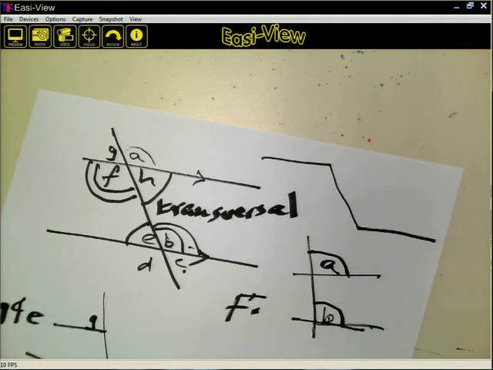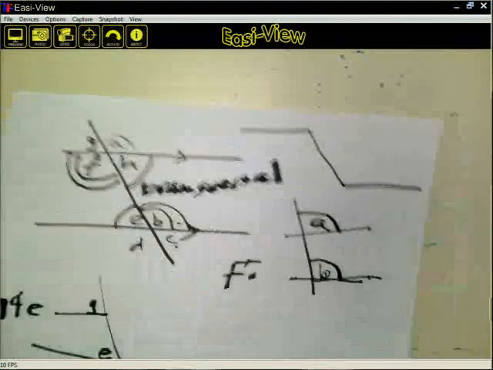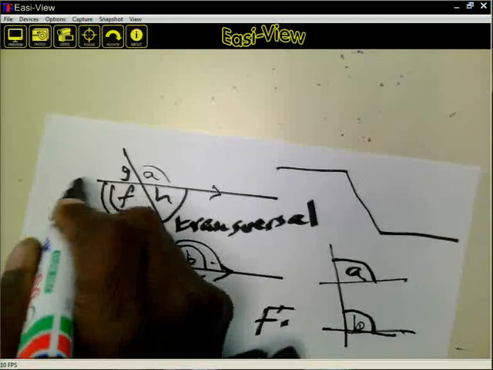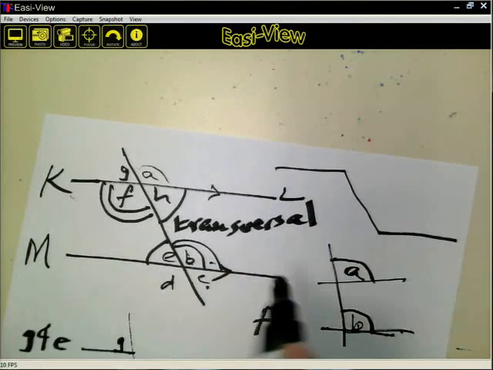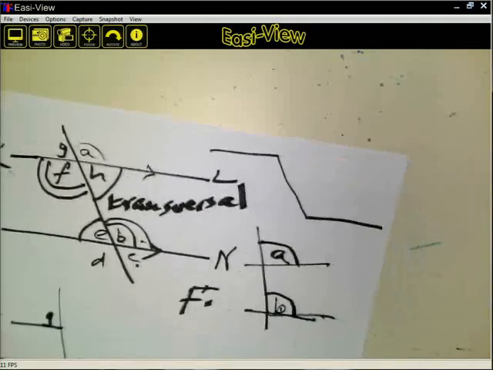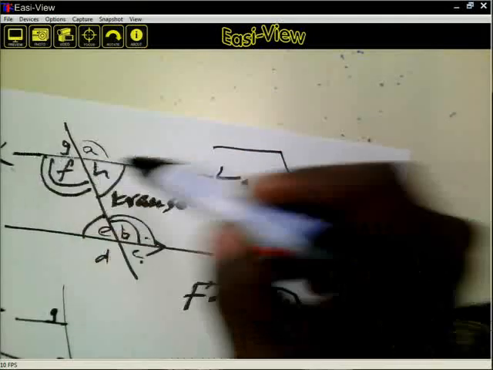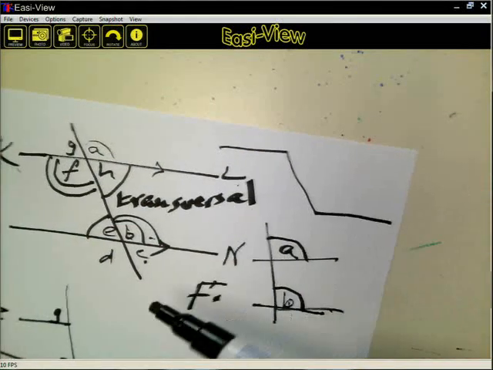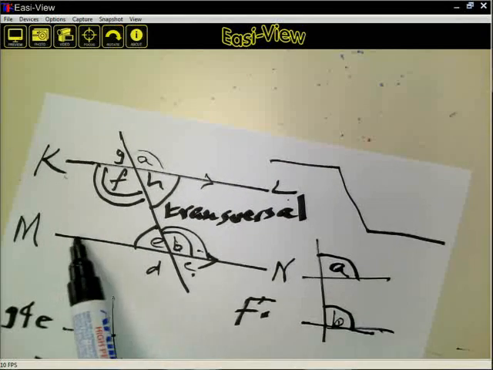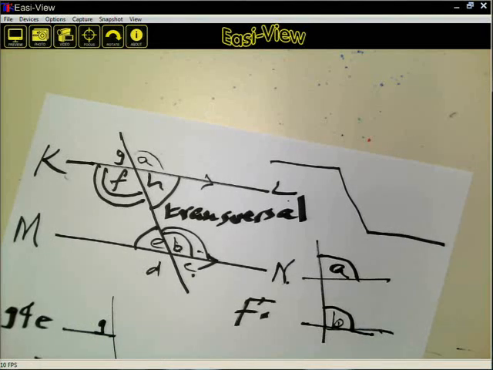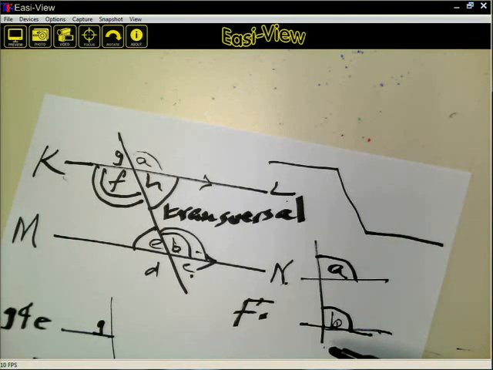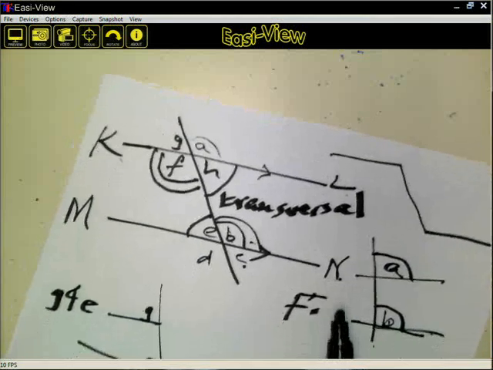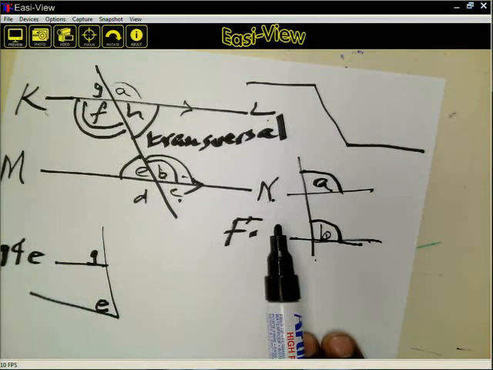At the same time, if this line is KL, A is above KL, B is above MN. In other words, they are on the same side of their respective lines. On the same side of the transversal and on the same side of their respective lines.